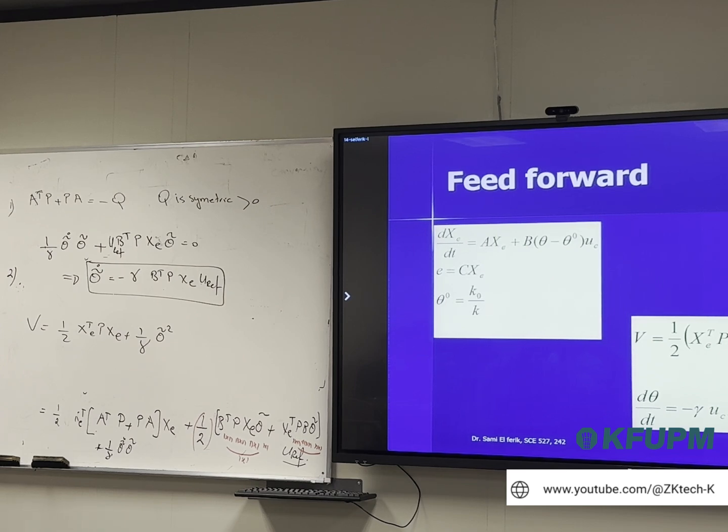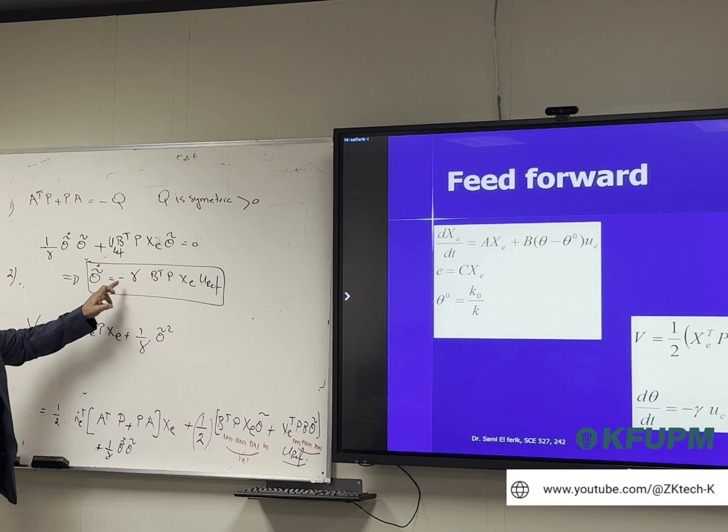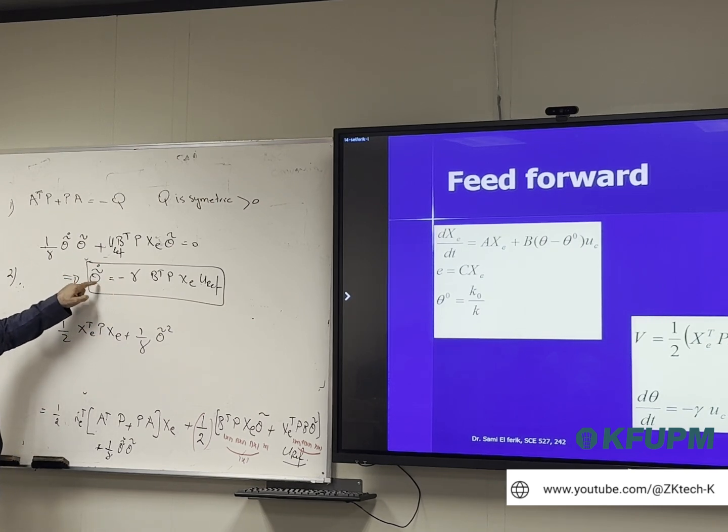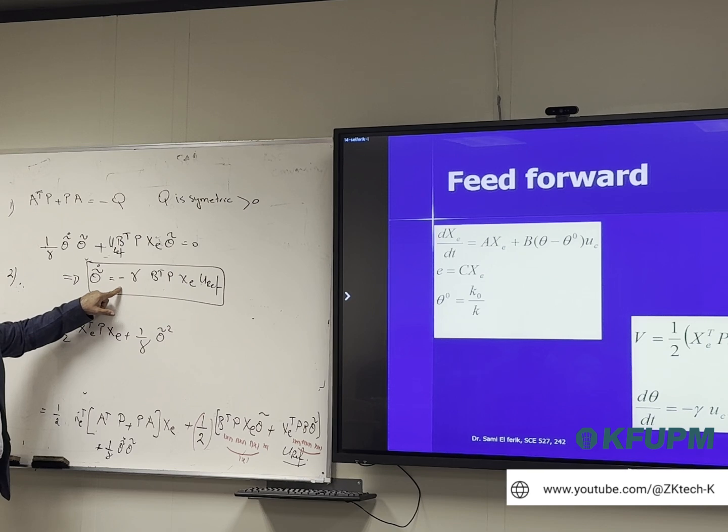But everybody is okay with this? What I did up to now? The important thing is what I have said, which is the analysis that we need to do afterwards to make sure that this converges to a final value. The second very important thing is that the value of theta converging is not necessarily the right value of theta.